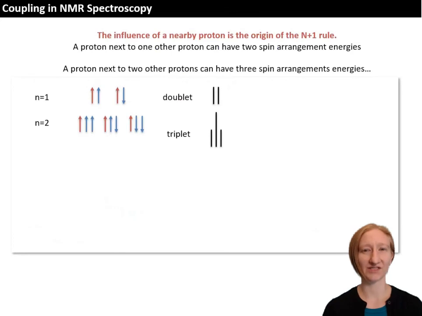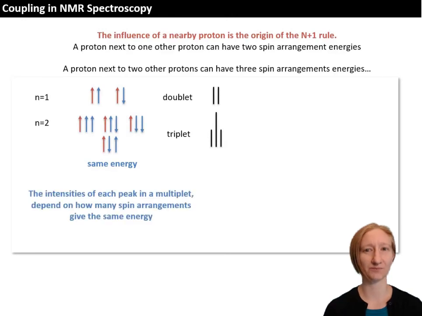And the middle line is twice as tall because there are two different spin arrangements that give rise to the same energy. Two different spin arrangements that are energetically degenerate, and they account for the middle line. So more generally, the intensity of each peak in a multiplet depends on how many spin arrangements give the same energy.